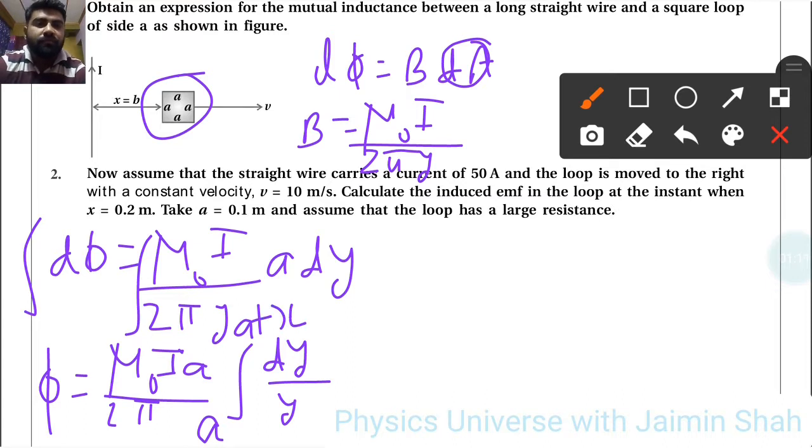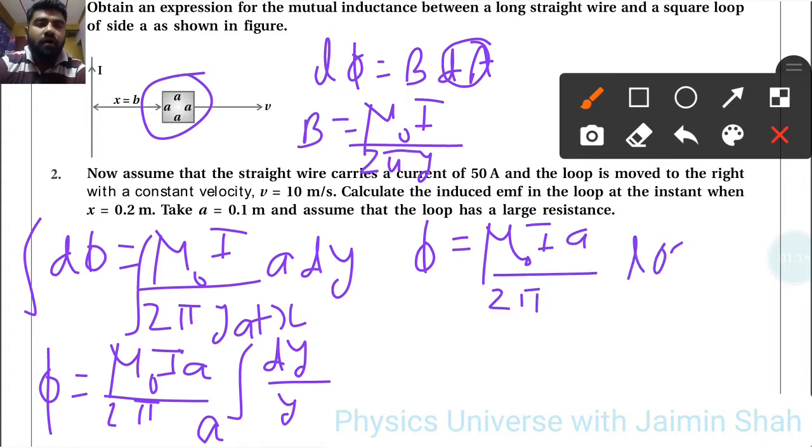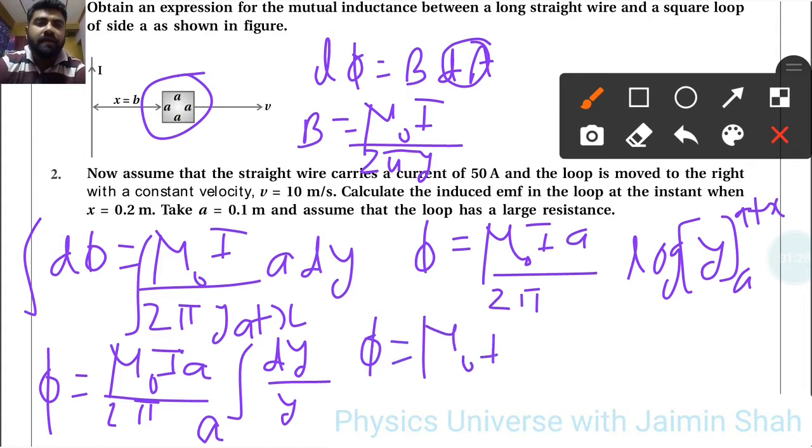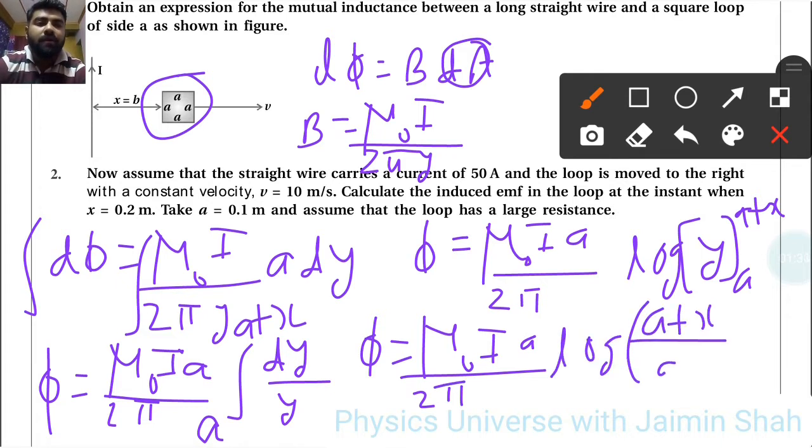So φ is equal to μ0 I a upon 2π, log y, upper limit a plus x, lower limit a. So φ is equal to μ0 I a upon 2π log of upper limit upon lower limit.